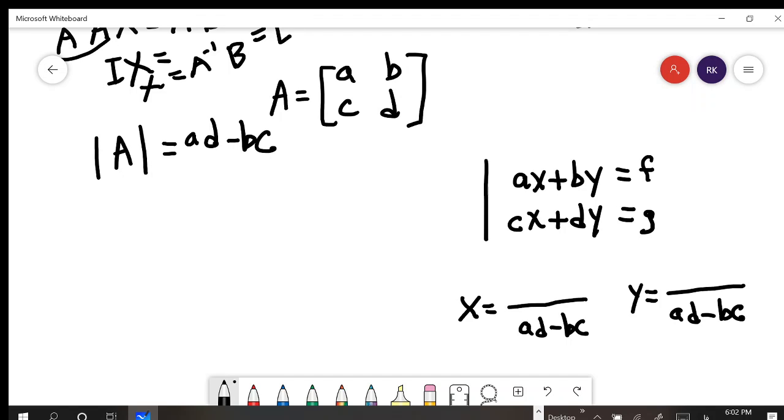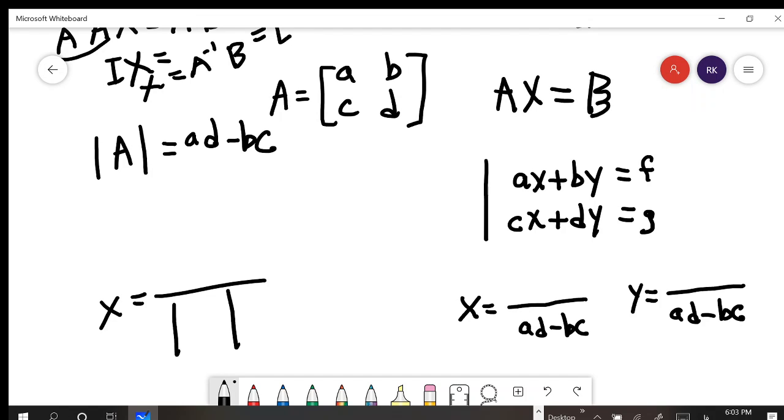And Cramer realized that if you define the determinant of a 2 by 2 matrix this way, then x is really nothing but, in the denominator, the determinant of a matrix. And it turns out that this matrix is the matrix of the coefficients. So if you think of AX equals B that we were talking about, A is really A, B, C, D. So take the determinant of the matrix of coefficients, which is defined this way.